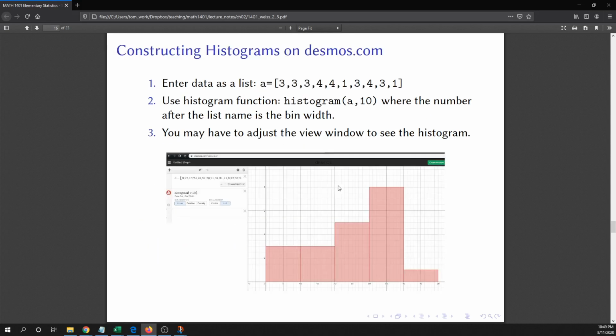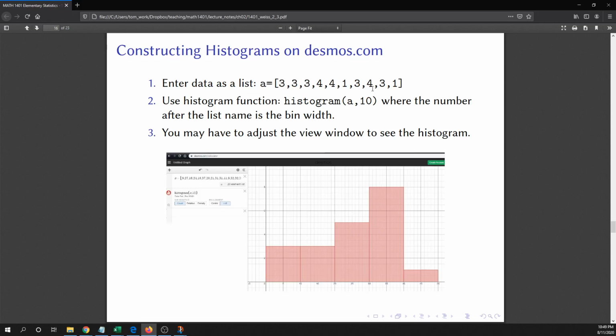Okay. So now I am not going to make you generate histograms. I really needed you to go through this because we're going to be looking at pictures, histograms that look like this. So I kind of need you to know where these are coming from.